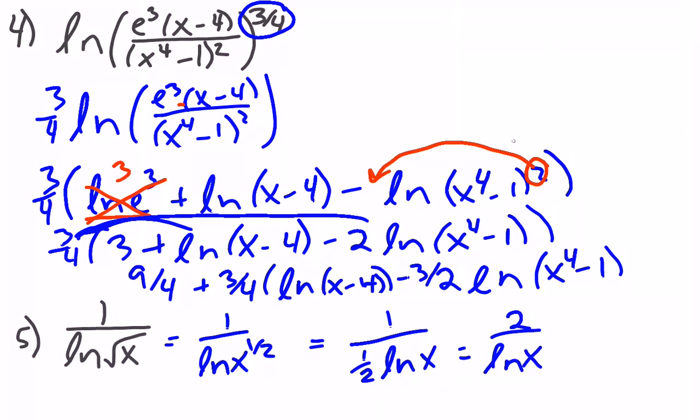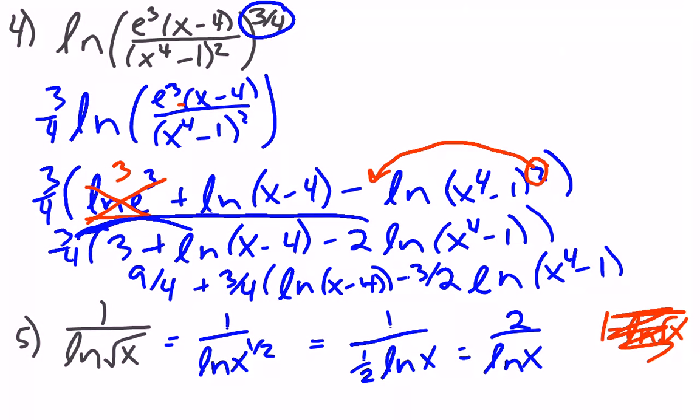What's important to know is that this is not equal to 1 minus, let's see, what might you think? Natural log square root of x. No, not that. So just be careful that just because it's a fraction, you're looking for the fraction to be in the argument, the inside of the log, not for the entire problem to be a fraction.